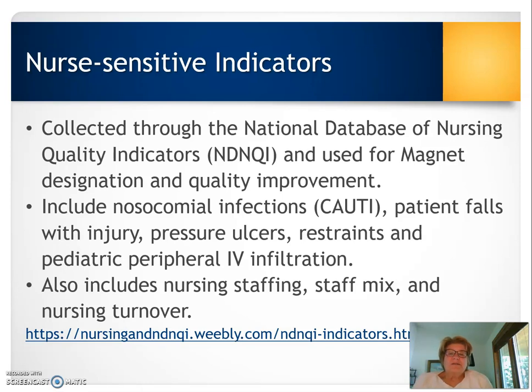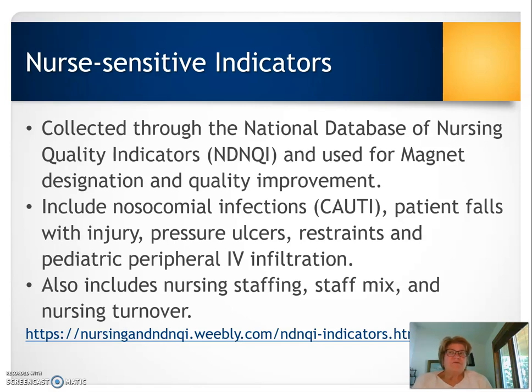Nurse-sensitive indicators are collected through the National Database of Nursing Quality Indicators, and you may hear NDNQI, and used for magnet designation and quality improvement. So those are thought to be mostly under nursing control. CAUTI, patient falls with injury, pressure ulcers, restraints, and pediatric PIV infiltration.